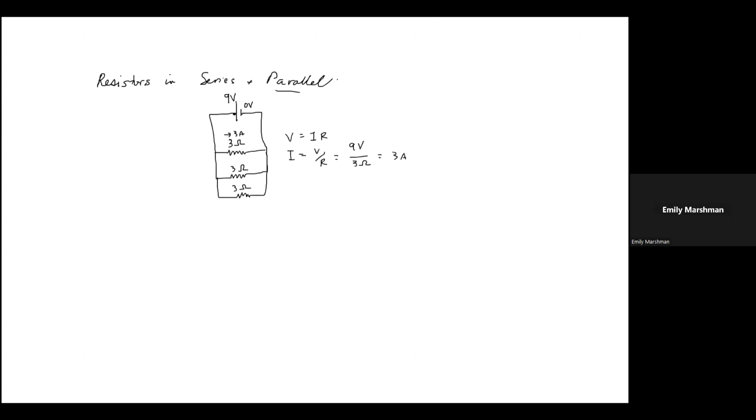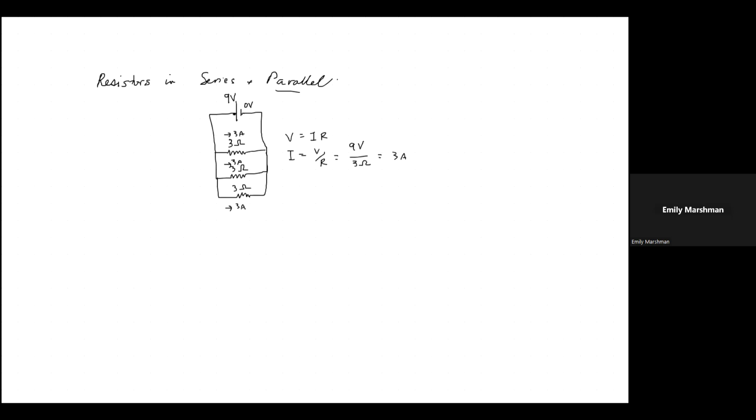And we could do a similar process with the other ones. This one has 3 amps and this one has 3 amps. Now they all have the same current because they all have the same resistance. If these were different resistors, they would have different currents running through, right?